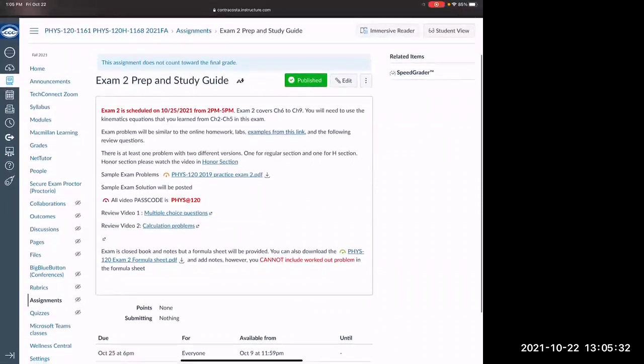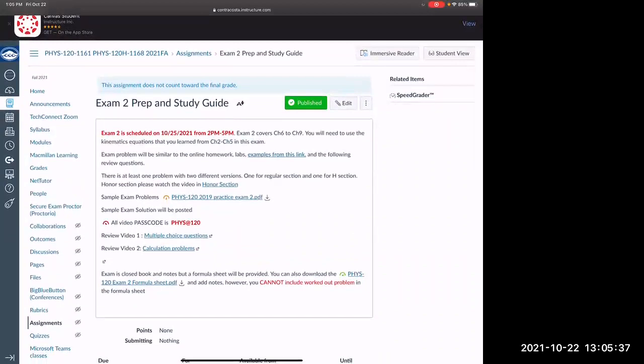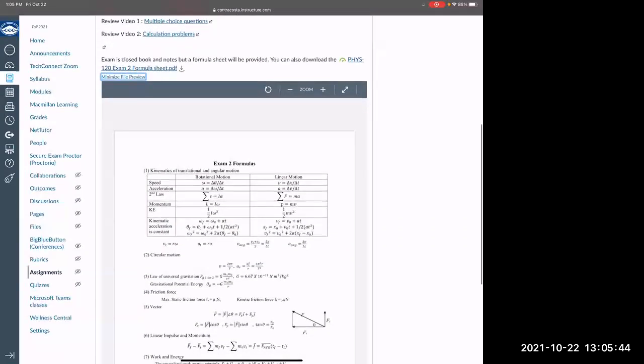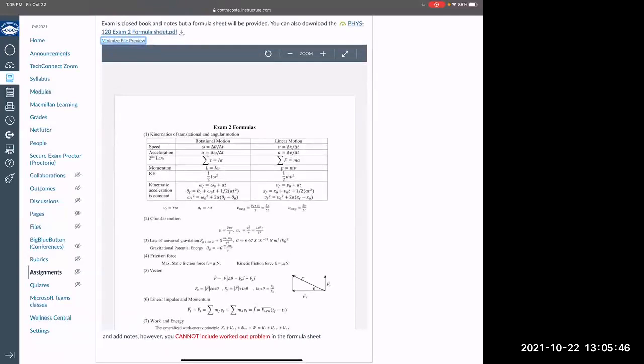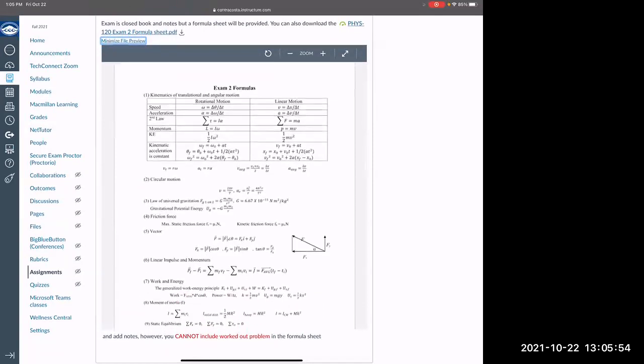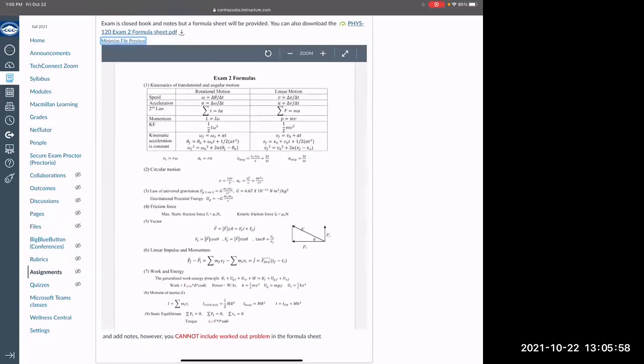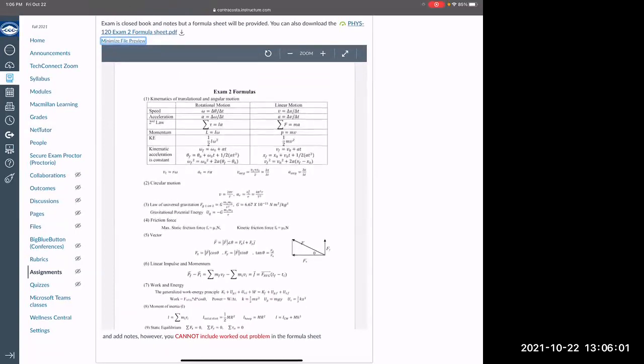And also, let's see. There's a formula sheet that I put here already that you can download. Like the exam that I gave you last time, you can write some notes, but you cannot include the worked-out problem. You can write what this symbol means, etc. Some of the things that you learned previously will possibly be used here, which is the kinematics.